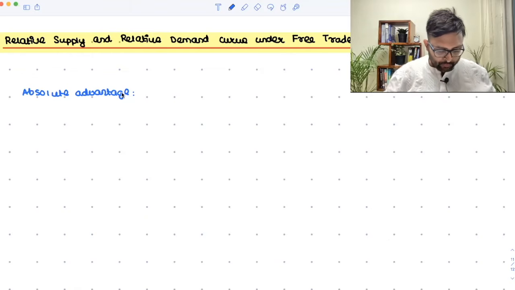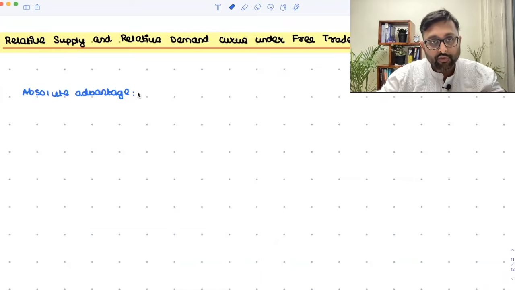Absolute advantage. If there is a country which requires fewer units in order to produce a particular good, then that country has an absolute advantage in that good. For example, if a country requires less labor to produce a good, it has an absolute advantage in that particular good than the other country.